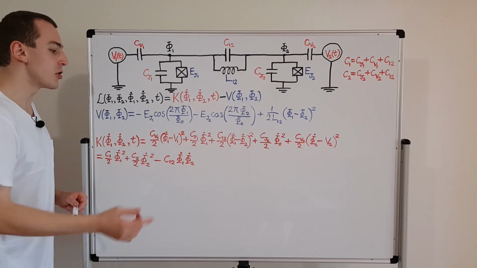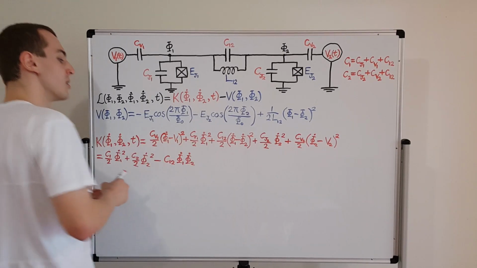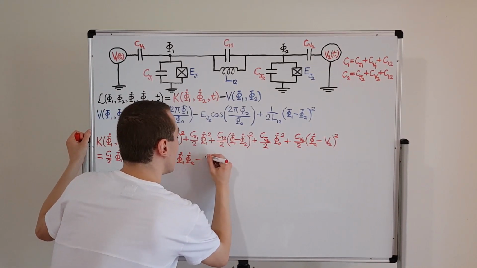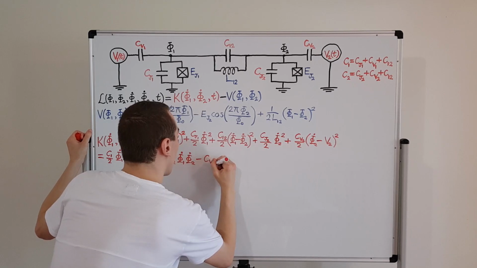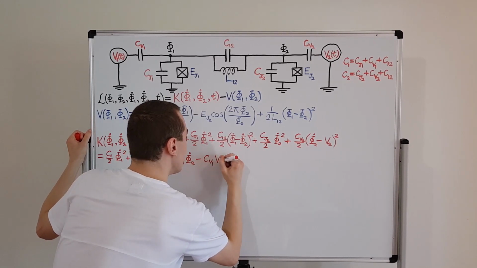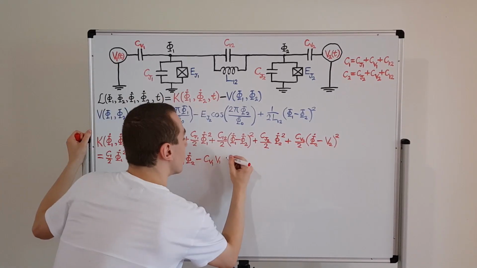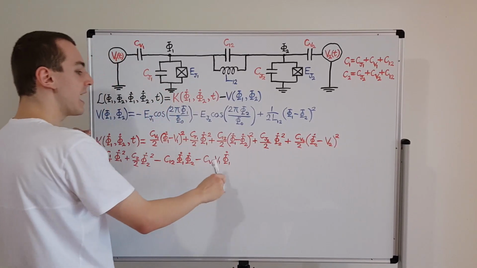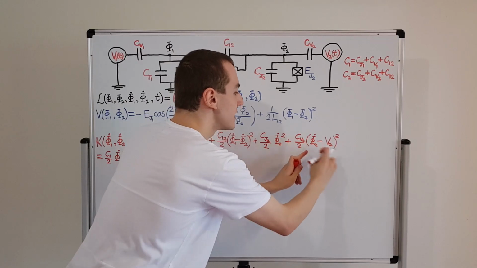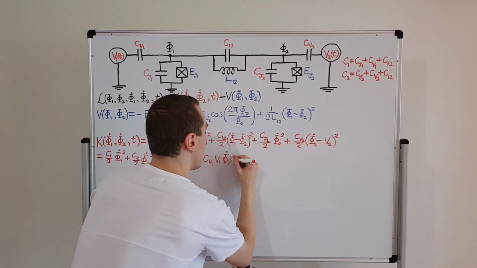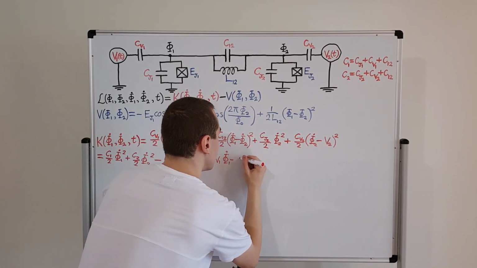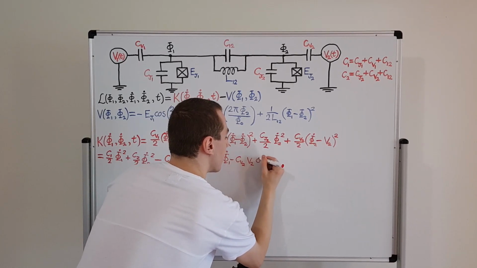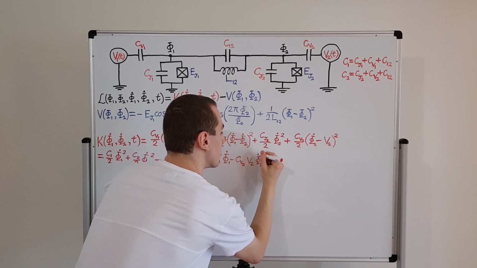There are also mixed terms that involve the voltages. So over here, we're going to have a mixed term, and that mixed term is going to look like this. We're going to have CV1, and then we're going to have V1, and that's going to combine with phi 1 dot. And we're also going to have an analogous mixed term emerging over here. So we're going to have minus CV2, V2, and then phi 2 dot.